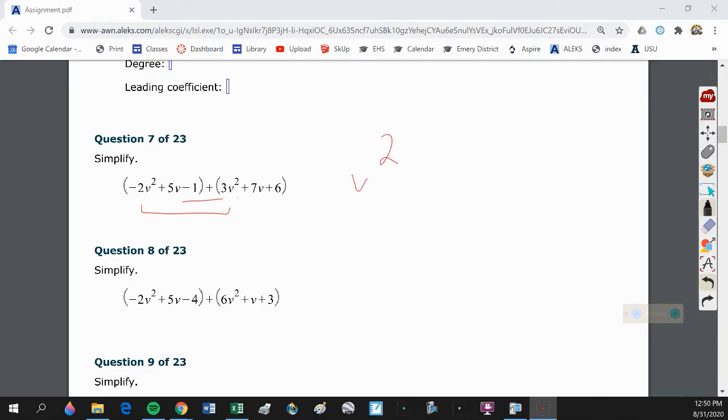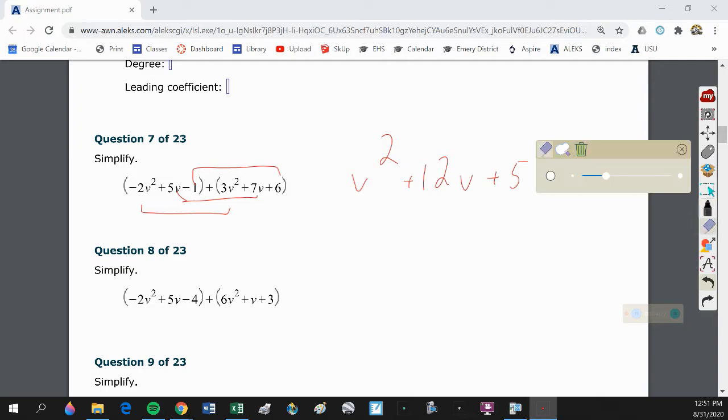And then those two go together and they create 12v. And then those two go together and they create +5. What if there's something in the first parenthesis that does not have a like term in the second? You just write it down. Okay, it goes somewhere, and there is an order to all of that madness.